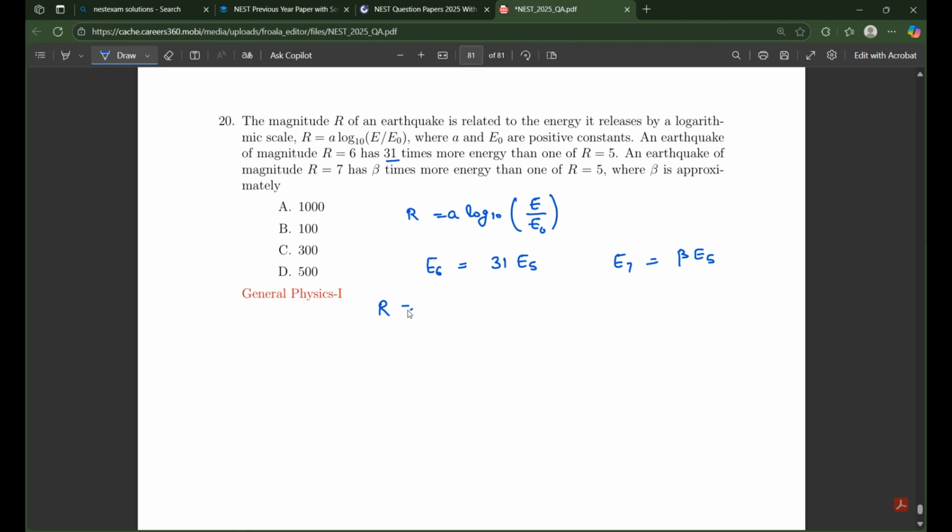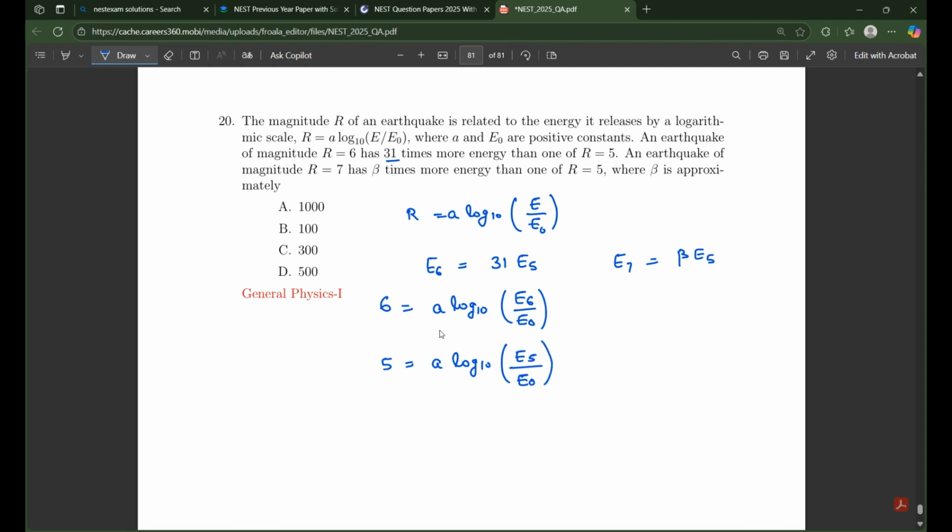R is equal to A times log 10 E by E naught. Now for R equal to 6, we can write it as 6 equals A log 10 E6 by E naught. And for R equal to 5, we can write it as 5 equals A log 10 E5 by E naught.